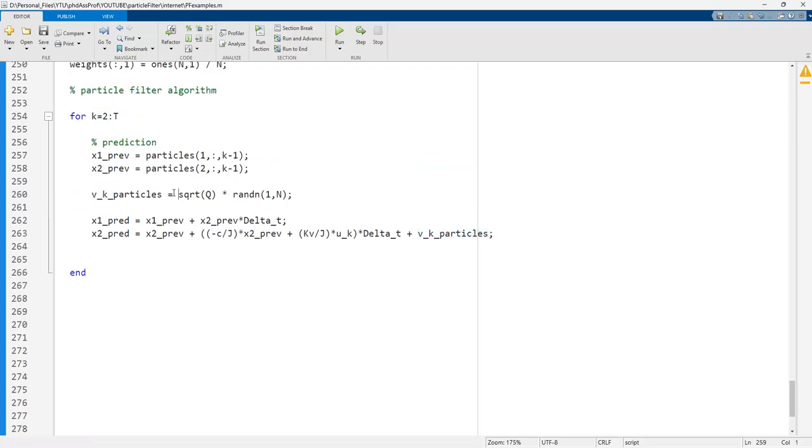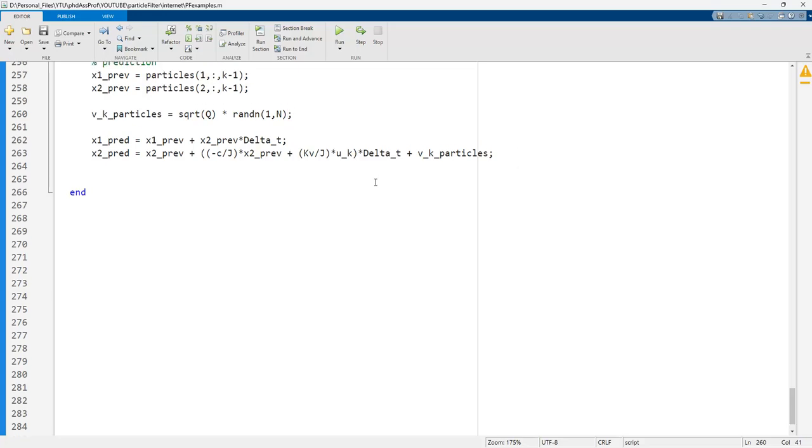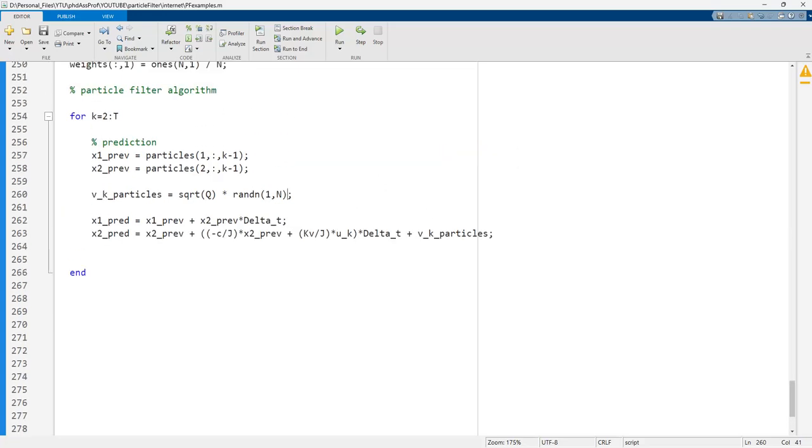And so at each step we will draw a 1 times n random number to generate the different samples in here, just like this one, okay.